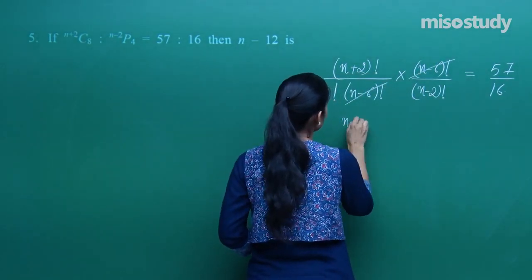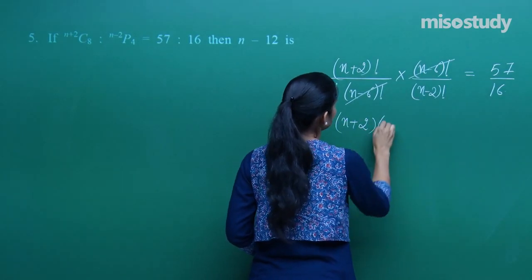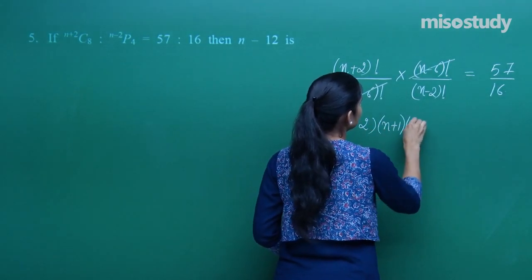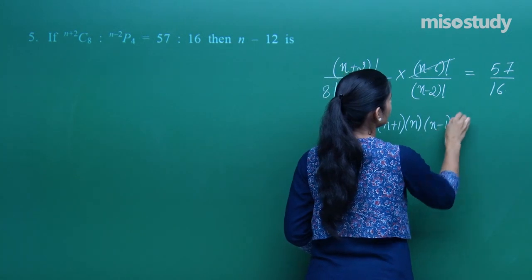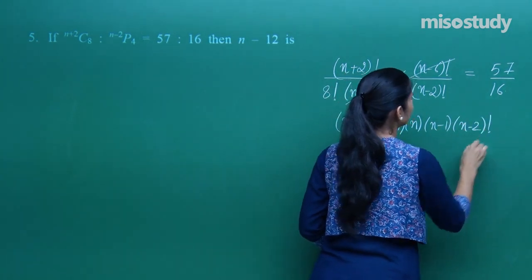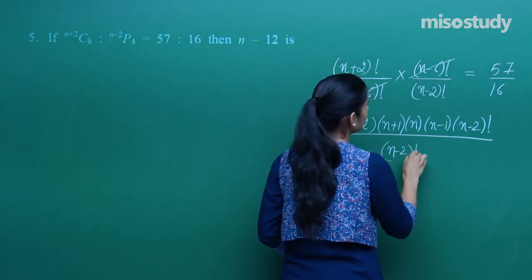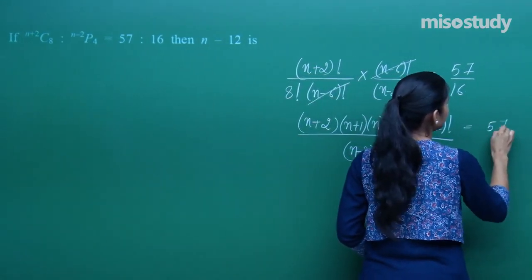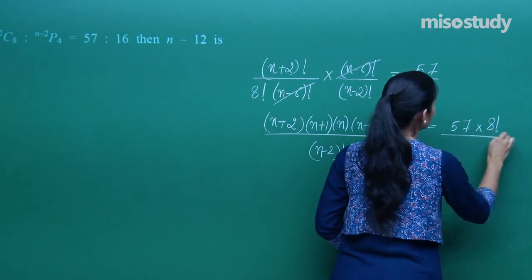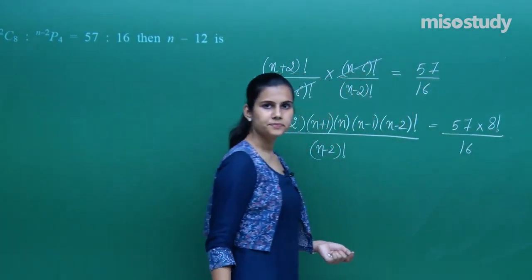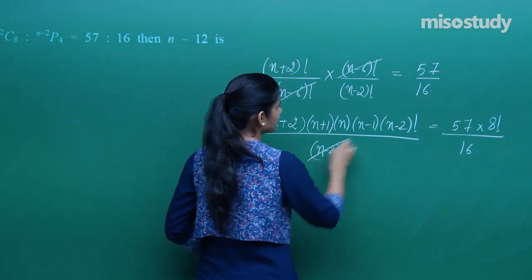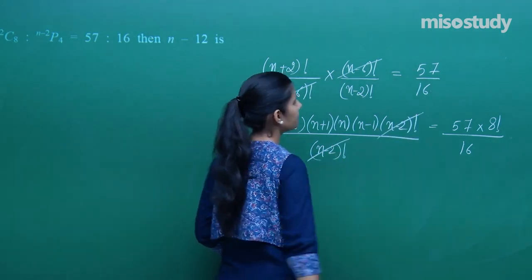Very clearly this has got cancelled, not a problem. From here you get n plus 2 into n plus 1 into n minus 1 into n minus 2 factorial, I can write it like this, whole upon n minus 2 factorial. Here you get 57 into 8 factorial upon 16. This gets cancelled. You are just left with this expression.